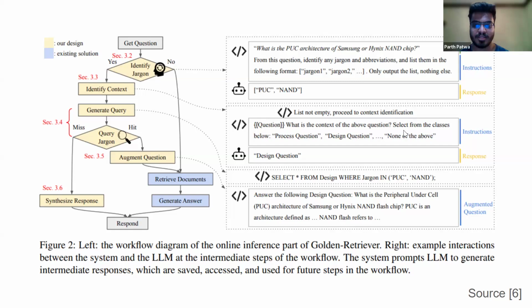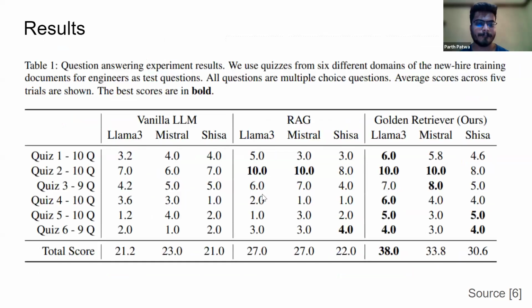Then we have a sort of routing where we decide that it is related to the design question domain, and we select from that particular dictionary. We get the meaning of that jargon and append it to the question. They show this on new hire training documents for engineers, and Golden Retriever does well in most cases and with multiple LLMs.